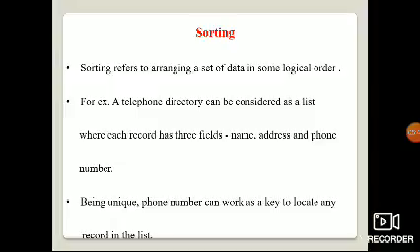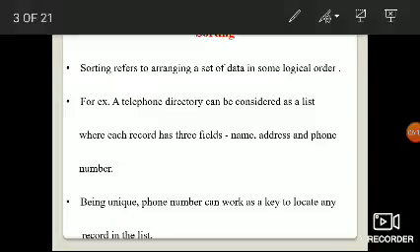Or you can take another example, dictionaries and databases. In a database also we arrange the data in sequence. Being unique, phone numbers can work as a key to locate any record in the list. So even if two names are the same, with the help of the phone number we can identify the record.